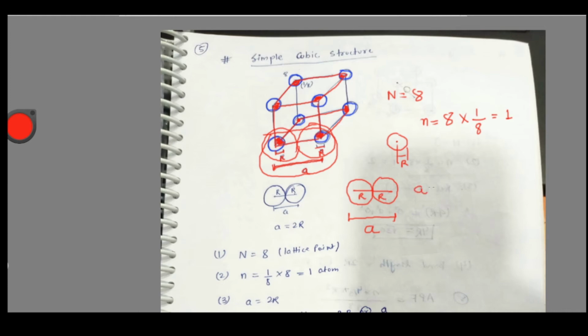So A, one side of the cube, is equal to 2r. So this is the relation between A and R: A is equal to 2R.